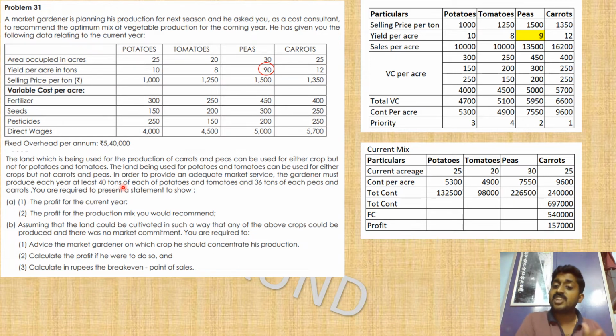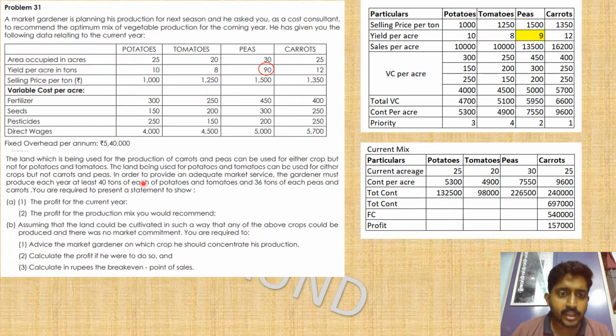So the cultivation methodology and procedure the farmer uses will be drastically different for potato and tomato versus carrot and peas. For potato and tomatoes, the procedure will be the same: same fertilizer, same pesticide, same methodology of sowing or cultivation. That's why they can be shuffled between them. Same way carrot and peas can be shuffled between them, but that area cannot be used by potatoes and tomatoes. So read the question very properly.